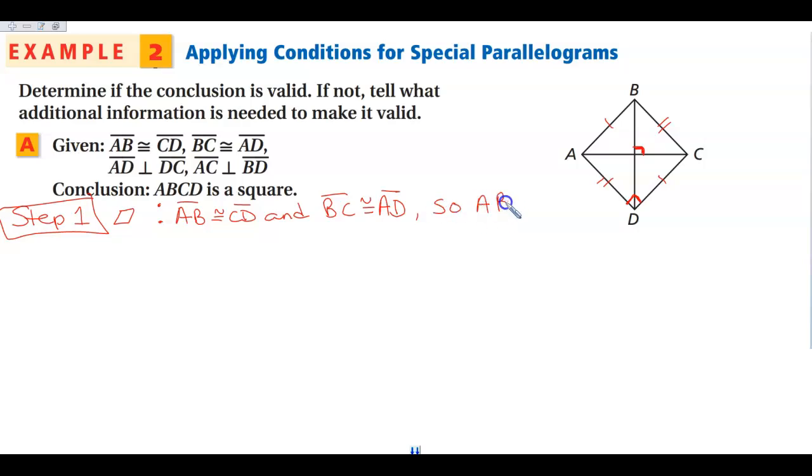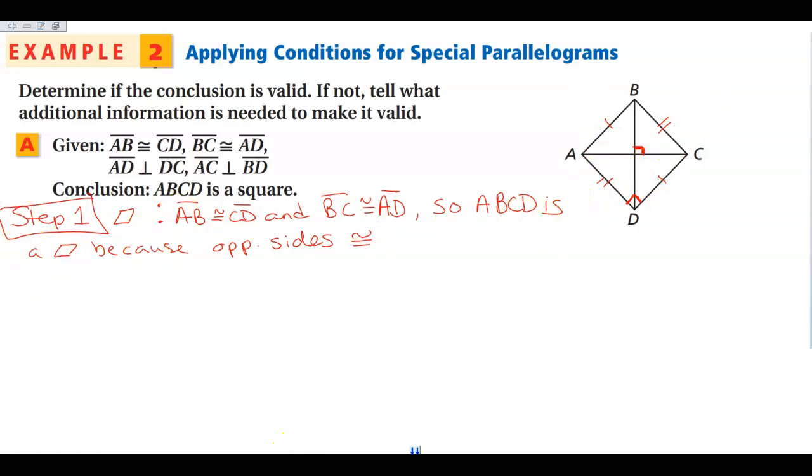So ABCD is a parallelogram because opposite sides are congruent. Okay, so that's our parallelogram property first, that opposite sides are congruent.